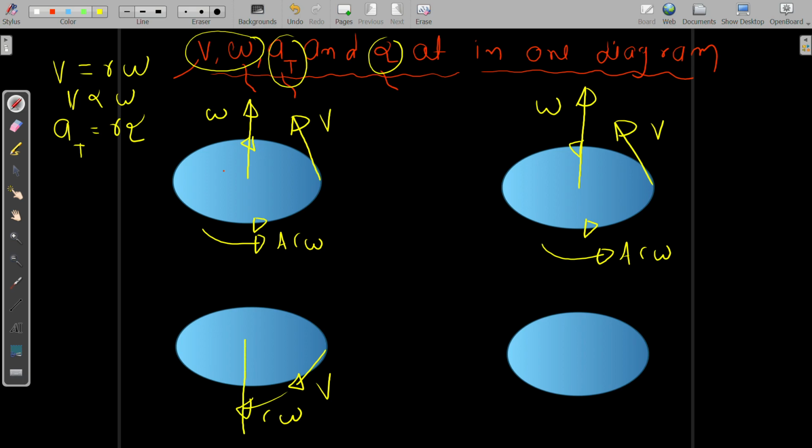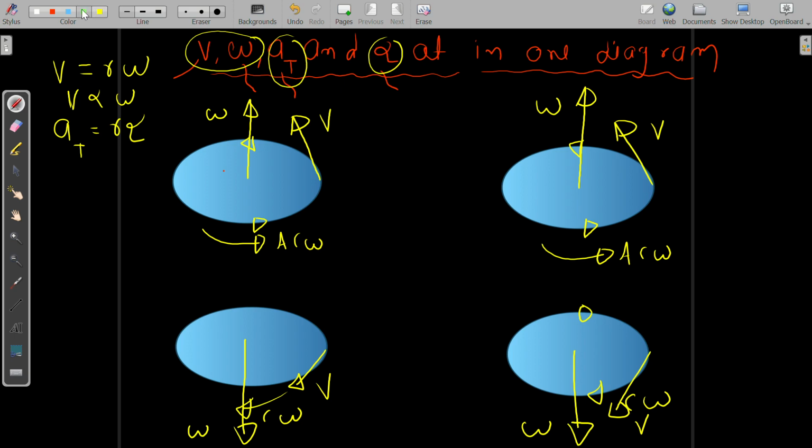Now by curling fingers in the direction of v, you can mark the direction of omega. So the thumb indicates omega, which is downward. And the same case here also, clockwise, and this is the direction of velocity, and this gives us omega.